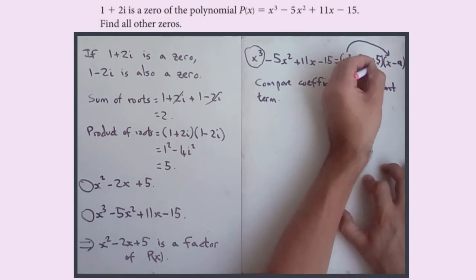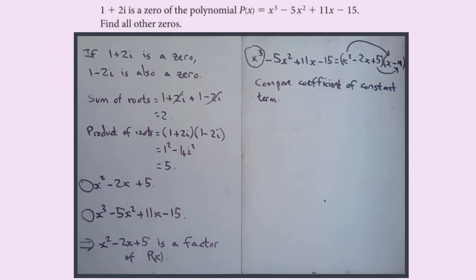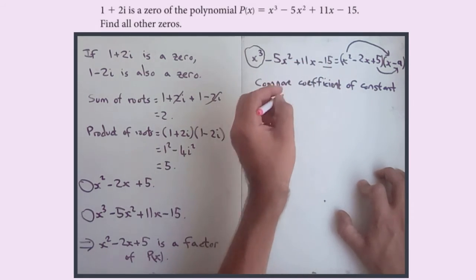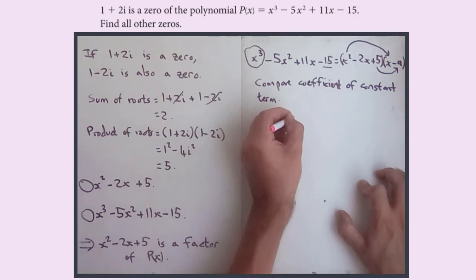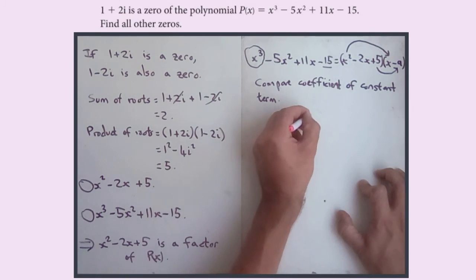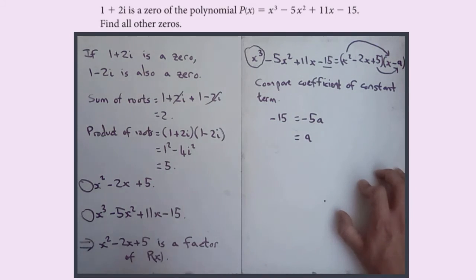The only thing that gives a number with no x's or higher powers of x's is that 5 times the minus a, right? So on the left hand side you have minus 15 equals, on the right hand side you've got 5 times minus a, so that's minus 5a. So that must mean that a equals 3. Minus 15 divided by minus 5 is 3.